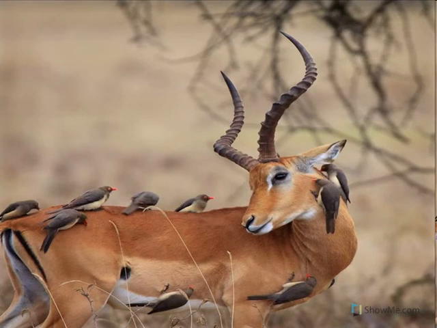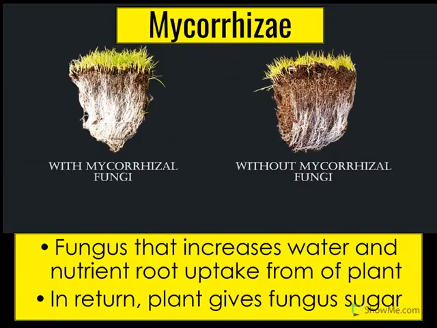And you can see the oxpeckers are doing this not just with the rhino, but with other organisms as well. So another example of mutualism. Mycorrhizae is a fungus that grows on the roots of plants. What this fungus does is increase the amount of water and nutrient absorption for that plant.